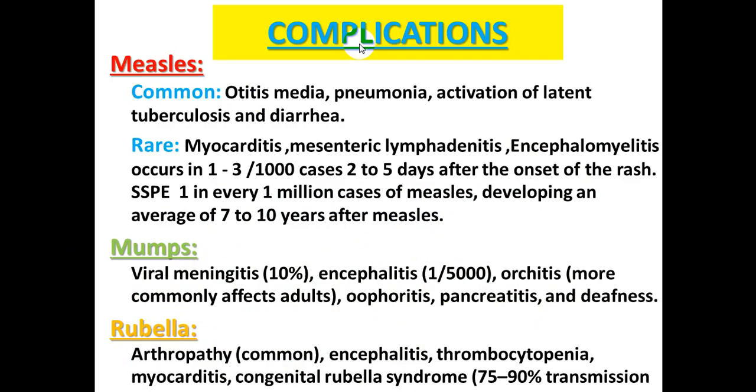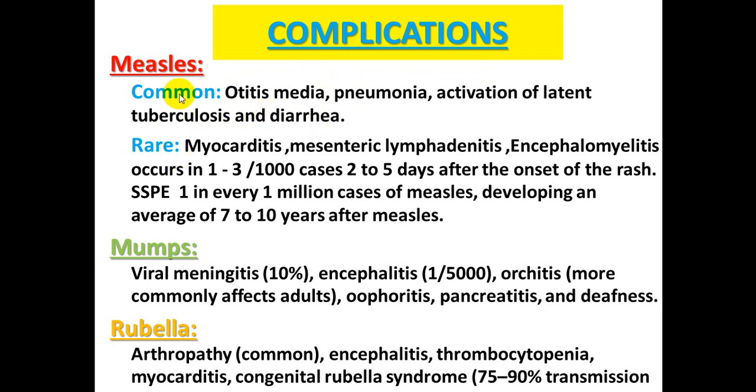Complications of these viral illnesses. Complications of measles could be common or rare. The common complications of measles include the otitis media, pneumonia, activation of a latent tuberculosis, and diarrhea.